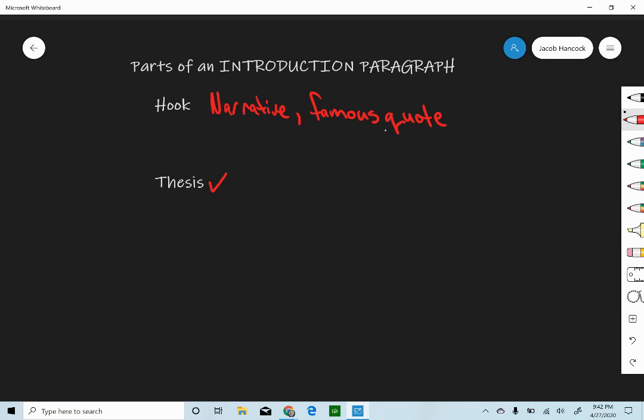And the last might be an interesting statistic, so a strong statistic. I'll show you all three methods today, okay? Narrative, telling a short story, using a quote, or using a statistic. And I'll show you how I go about doing all three of those, starting right now.